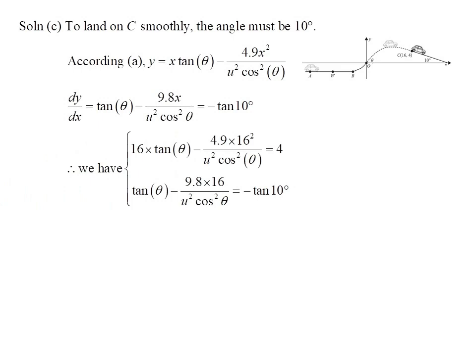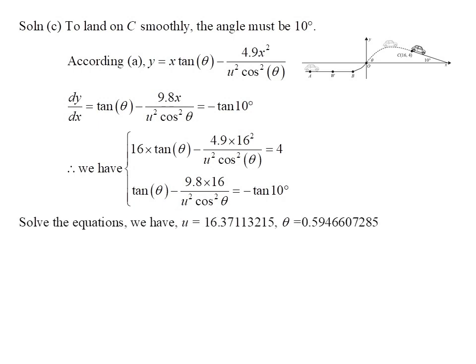Hence, we have two simultaneous equations: 16 times tangent theta minus 4.9 times 16 squared over the product of u squared and square of cosine theta equals 4, and tangent theta minus 9.8 times 16 over the product of u squared and square of cosine theta equals negative tangent 10 degrees.